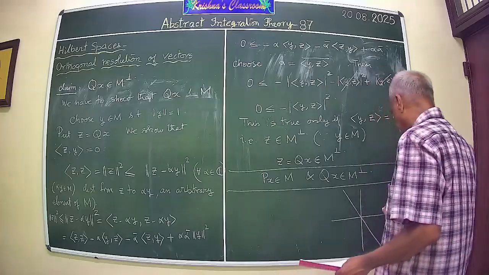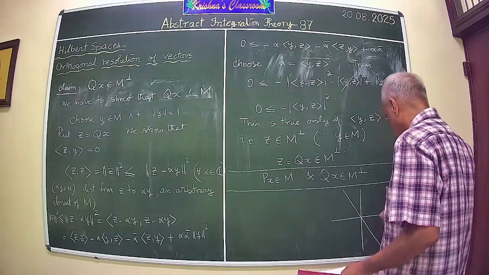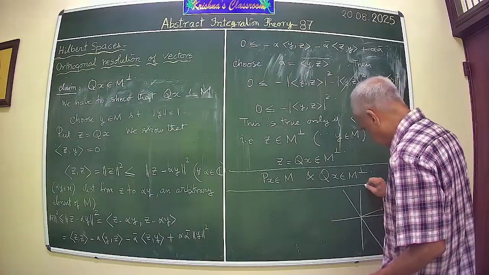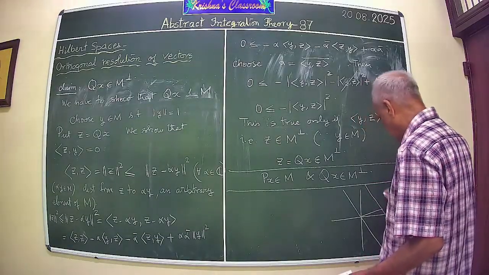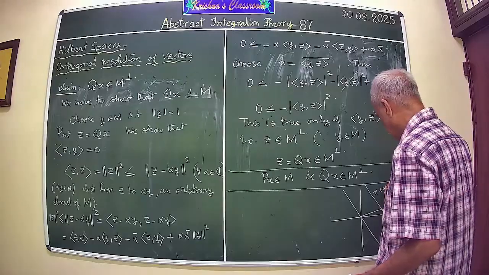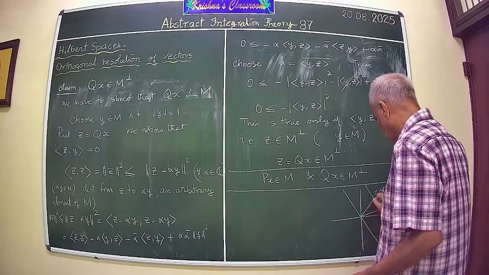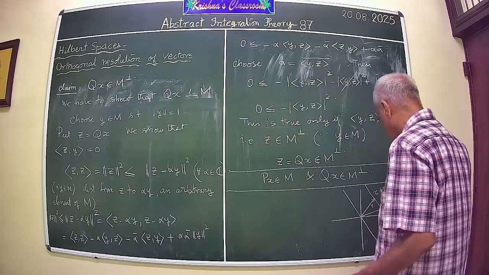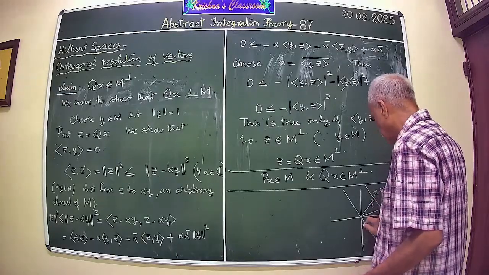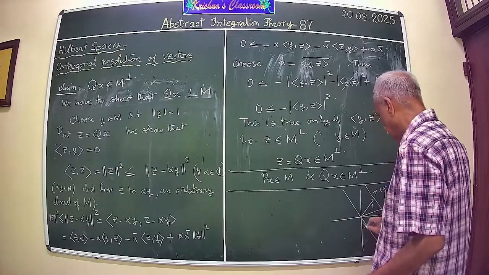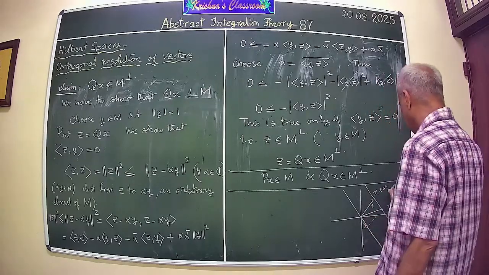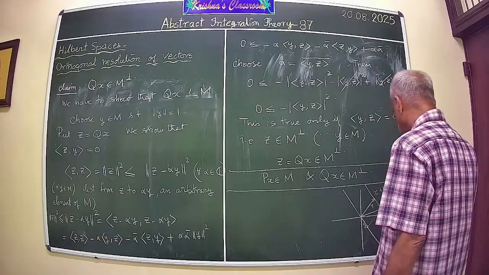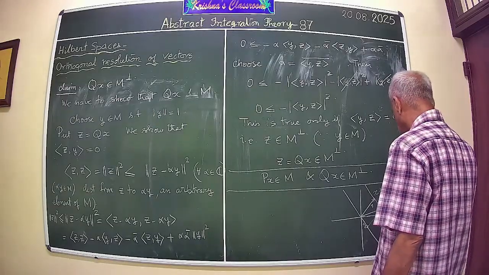So we have x here. We have this is x plus m. This is z. This is y. Z is equal to x. Sorry, z equal to x. Y equal to x.